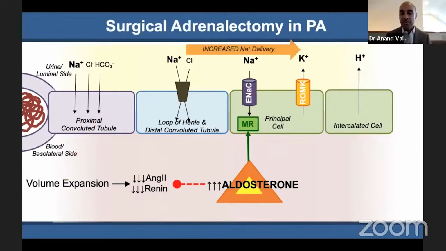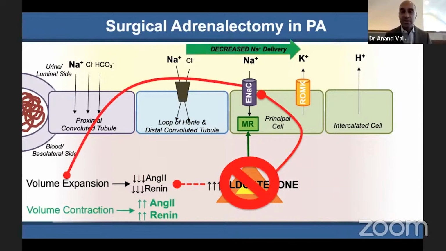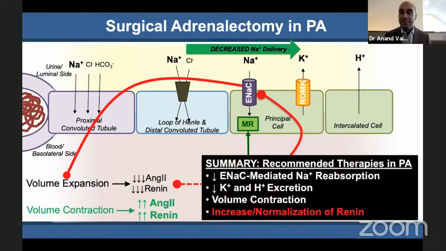angiotensin II. And finally, if you use surgical adrenalectomy to cure the disease, you will eliminate the excess aldosterone. You will decrease MR activation and ENaC-induced sodium reabsorption, and again, renin and angiotensin II will rise. So the consistency between all treatments, whether medical or surgical, is that you will reduce MR activation and ENaC-mediated sodium reabsorption, you will reduce potassium and hydrogen ion excretion, volume will contract, and you will see an increase or normalization of renin and angiotensin II.